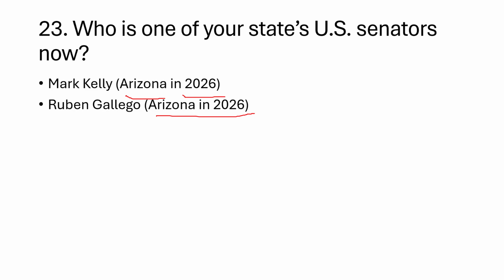If you live in Idaho, go to Google and write, who are the United States senators from Idaho? And get your answer and remember it. And if you're studying this test in the future, also remember that those could change. So you will need to check to find the answers for your state in your time.